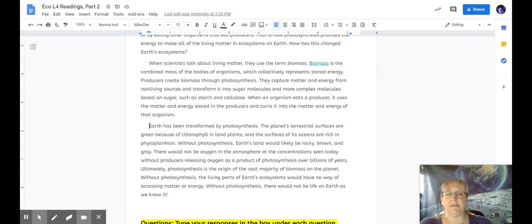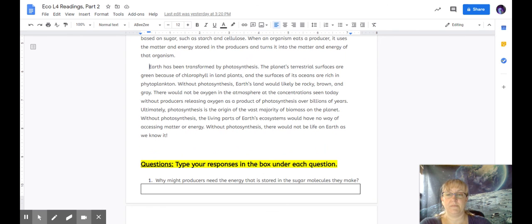There would not be oxygen in the atmosphere at the concentrations seen today without producers releasing oxygen as a product of photosynthesis over billions of years. Ultimately, photosynthesis is the origin of the vast majority of the biomass on the planet. Without photosynthesis, the living parts of Earth's systems would have no way of accessing matter for energy. Without photosynthesis, there would not be life on Earth as we know it.